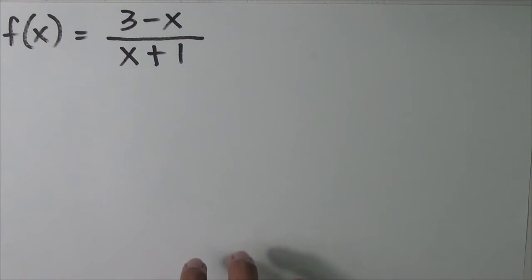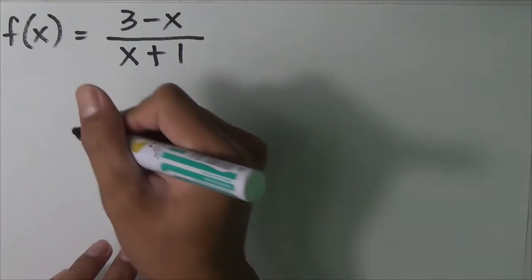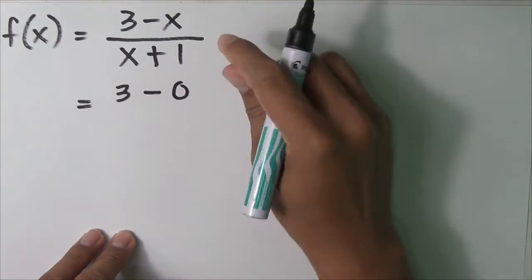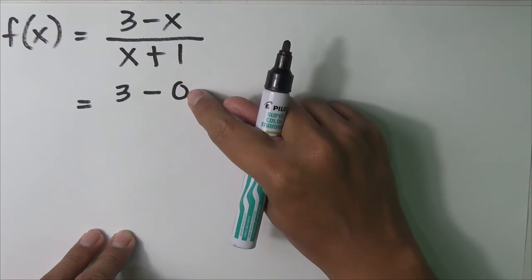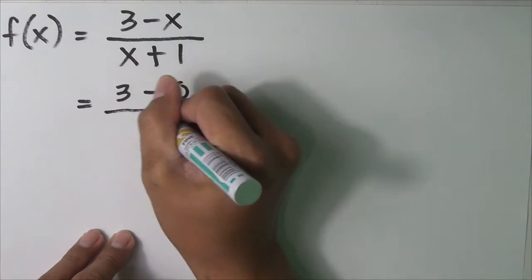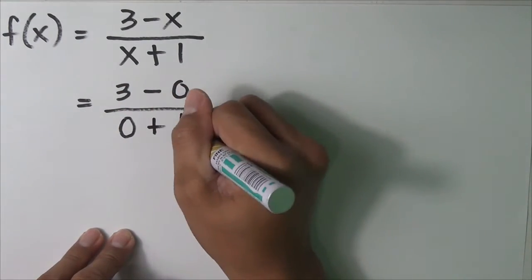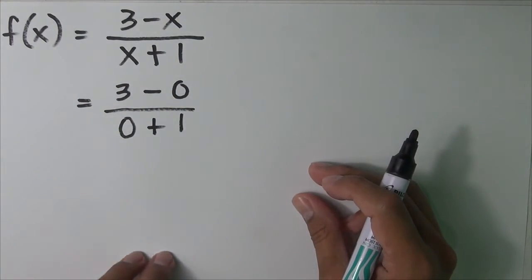So, we will change the x value of the function to 0. So it will become 3 minus 0 all over 0 plus 1. We substituted 0 to x values of the function.